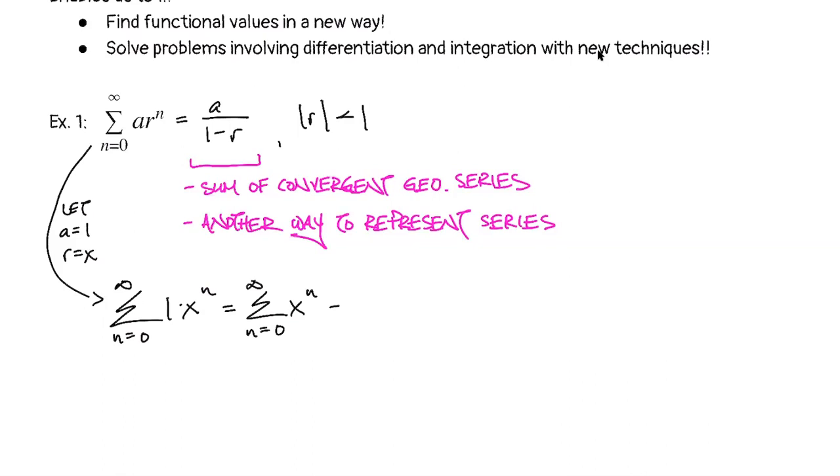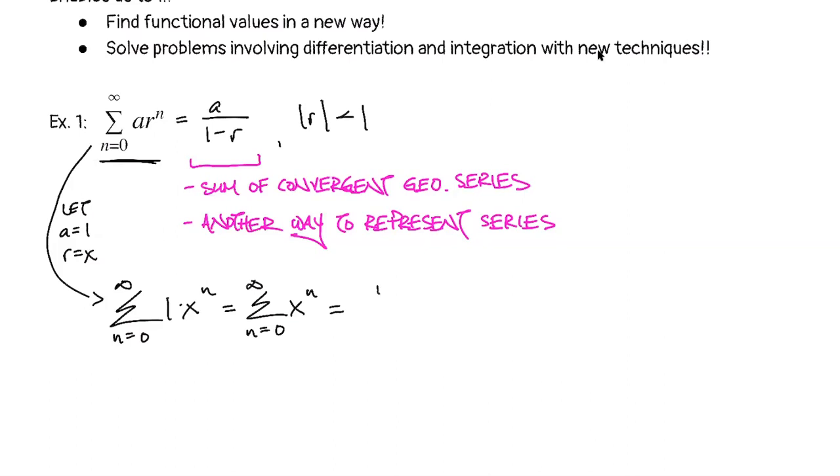We've filled in the information on the left-hand side of the equal sign, but I'd like us to fill in the right-hand side. Where I have a over 1 minus r, what's another way I can write that if I let a equal 1 and r equal x? 1 over 1 minus x.